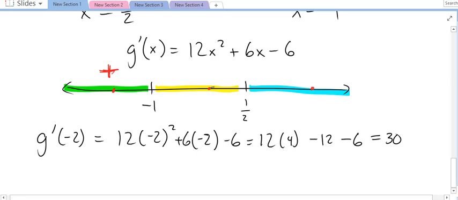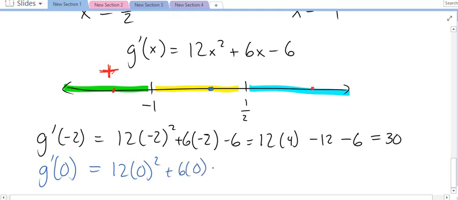Now I want to pick a test point between negative 1 and 1/2. 0 is a convenient point between negative 1 and 1/2, so let's go ahead and evaluate there. So if I plug in 0 here, we get negative 6. So on that interval, the derivative is going to be negative.